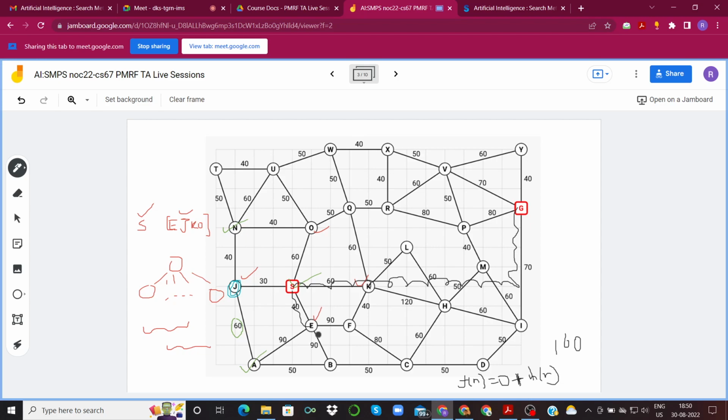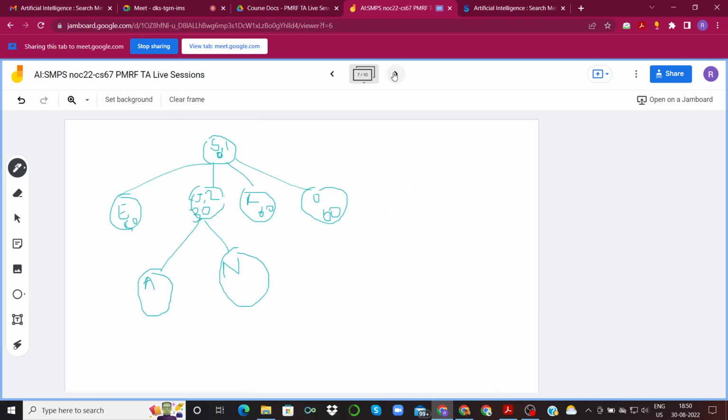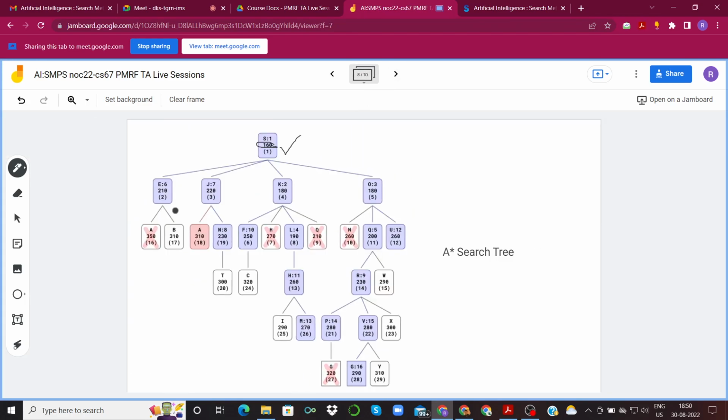So 40 plus the Manhattan distance. You can calculate the Manhattan distance on your own later, and you will see that the cost now becomes 210. Similarly, for J it is 220, K it is 180, and O again it is 180.